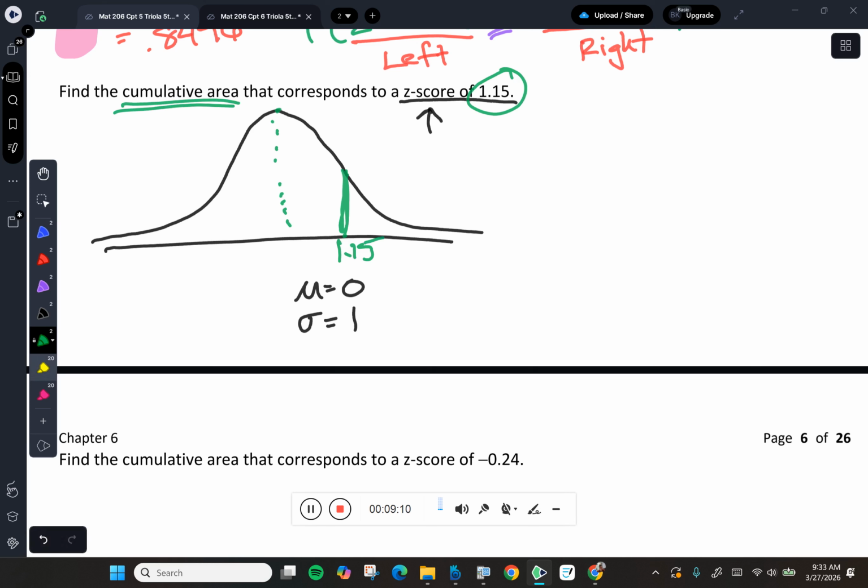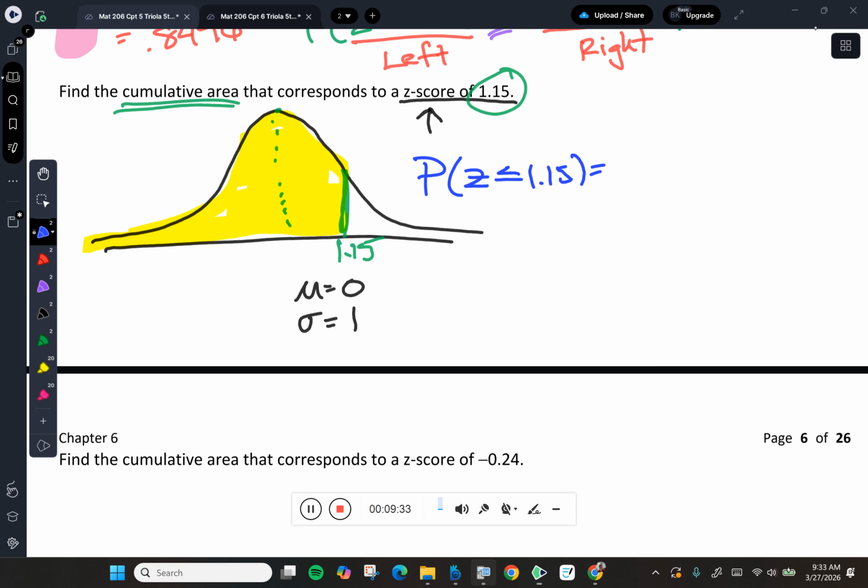Well, cumulative area is the fancy way of saying start at negative infinity, technically, and accumulate area until you get to the stopping point of 1.15. So in terms of the probability statement, we want the probability that z is less than or equal to 1.15, a left tail problem.